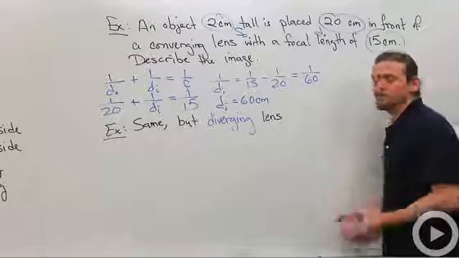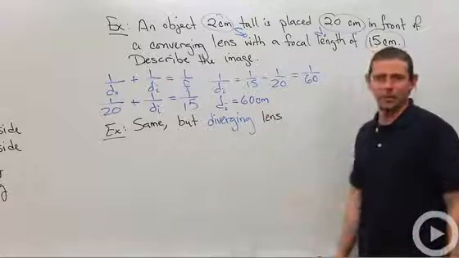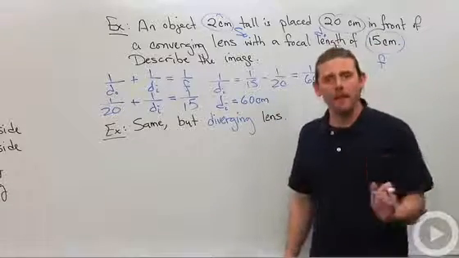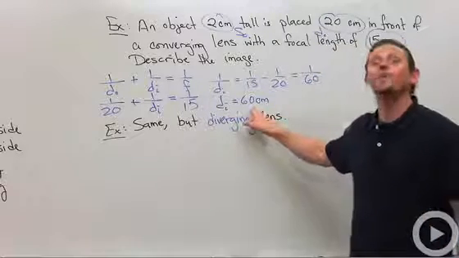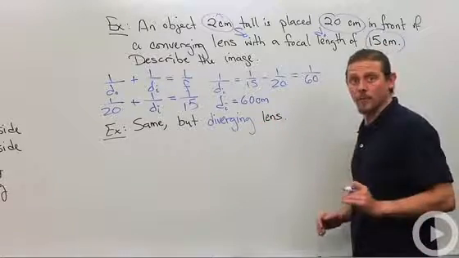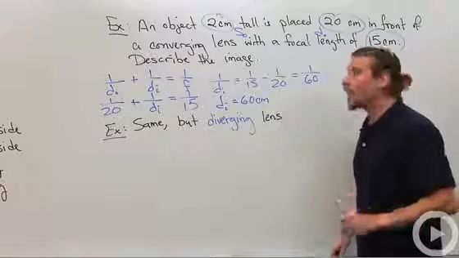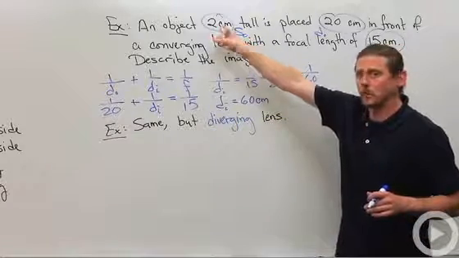All right, now, it wants me to describe the image, not just write down DI as 60 centimeters. So what I would say is the image is a real image, DI is positive, that is 60 centimeters on the other side of the lens from the object. All right? What about its size? Well, SO is 2 centimeters. All right?